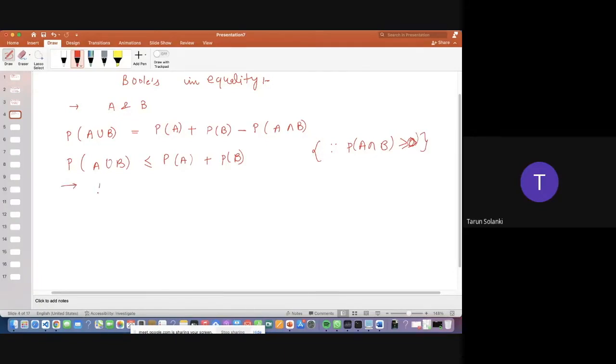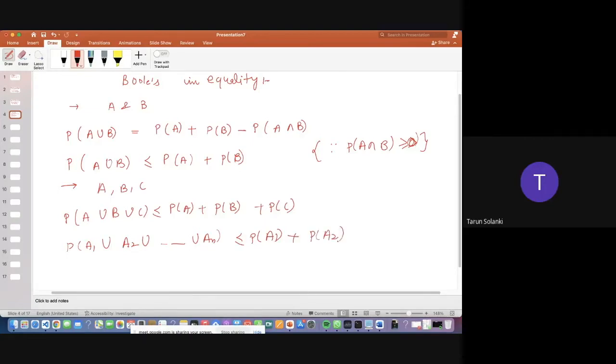So for any events A, B and C, it becomes P of A union B union C is less than or equal to P of A plus P of B plus P of C. So in general, we can say P of A1 union A2 union up to An is less than or equal to P of A1 plus P of A2 up to P of An. Correct? So you can copy these formulas. Then we will look at one example regarding this concept.